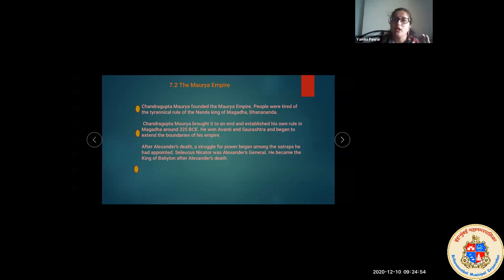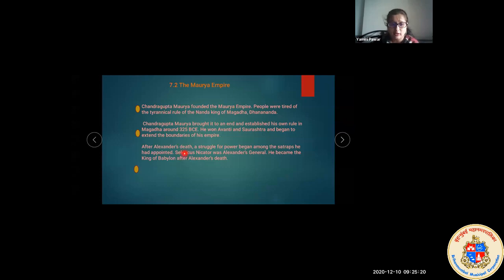As he was moving, for all the territory he won at that time, he appointed satraps for each territory. Now, as Alexander died, other kings started ruling again. There was a fight among all these satraps, each saying, now I want to get appointed, I want to rule. All of them started fighting among themselves.